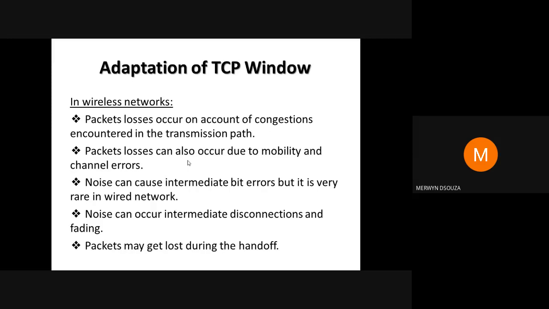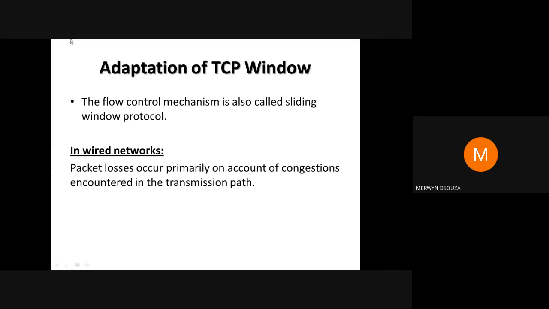I'm showing you the reasons so that you can analyze and answer. Can the wired TCP, which has been designed to kickstart the congestion recovery method if a packet has been lost, be used without any modification in a wireless network?